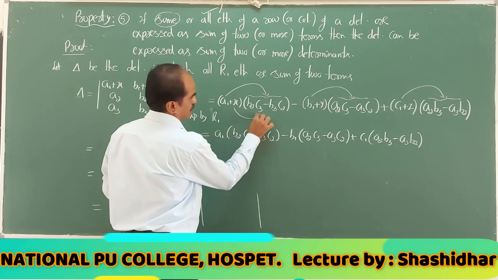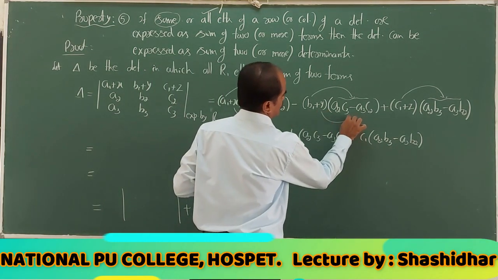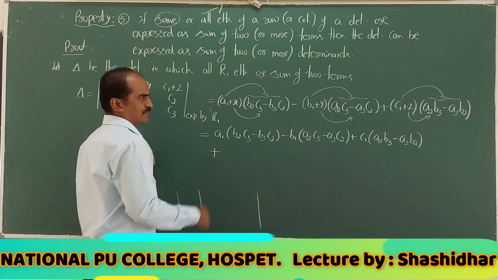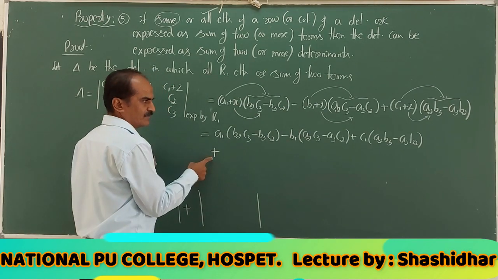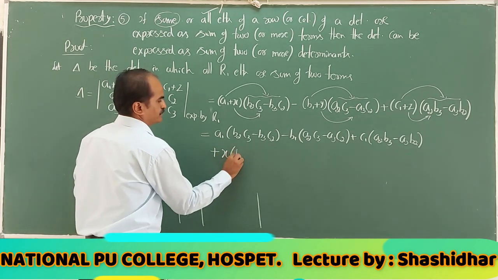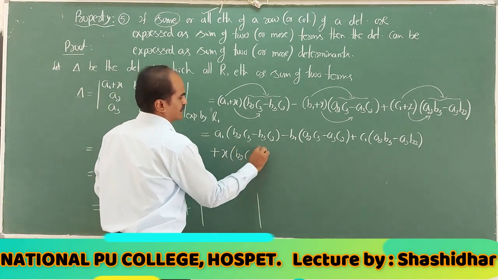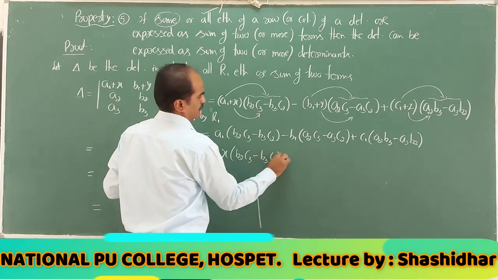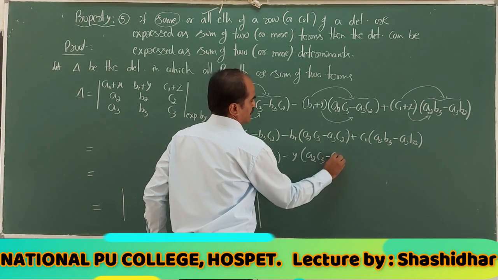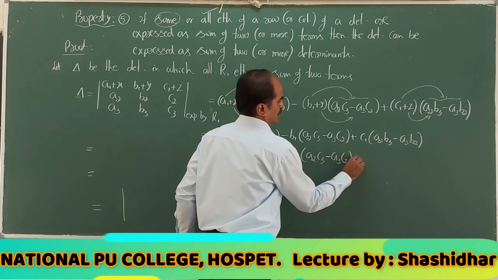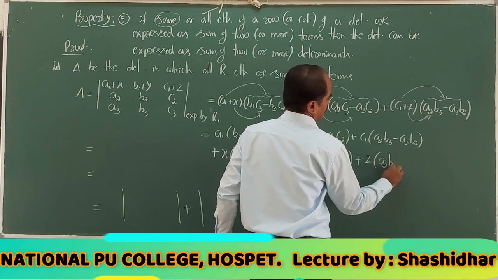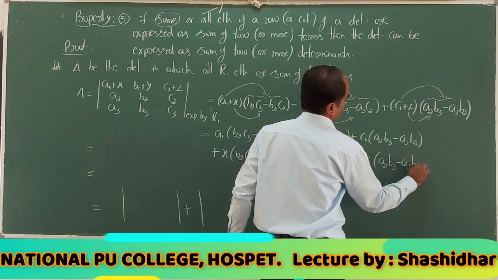Next, multiply the terms with X, Y and Z. The expression continues, plus X into B2 C3 minus B3 C2, minus Y into A2 C3 minus A3 C2, plus Z into A2 B3 minus A3 B2.